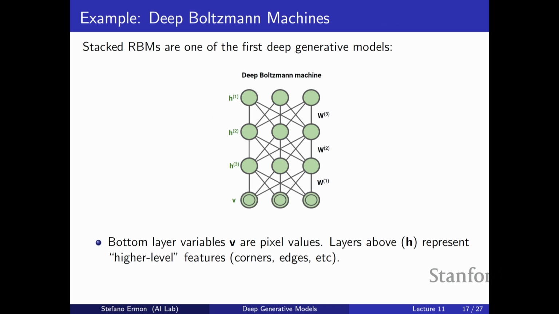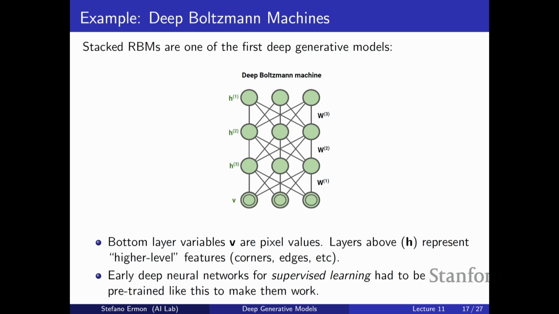If you stack a bunch of them, with visibles at the bottom, one RBM here, and then an RBM between the hidden units of the first RBM and some other hidden units of the second RBM, and so forth, you get a deep Boltzmann machine. The idea is that you have the pixels at the bottom, and then a hierarchy of more and more abstract features at the top.